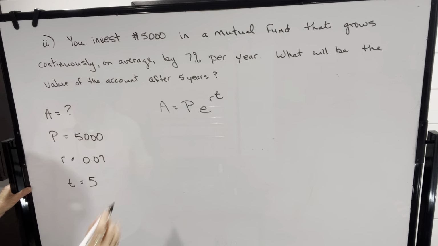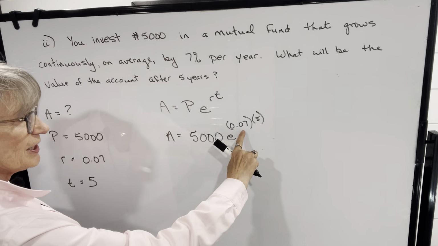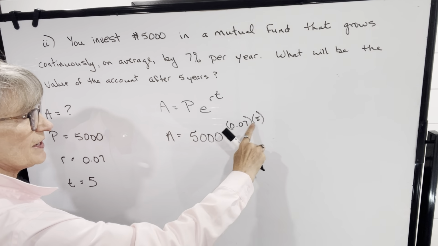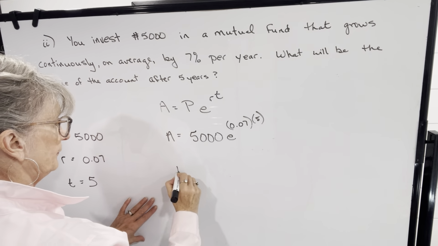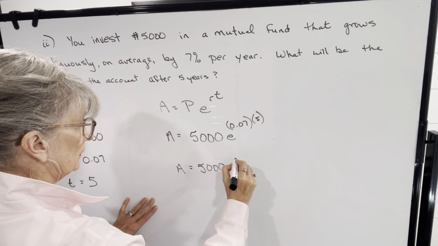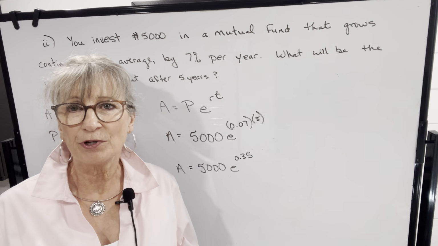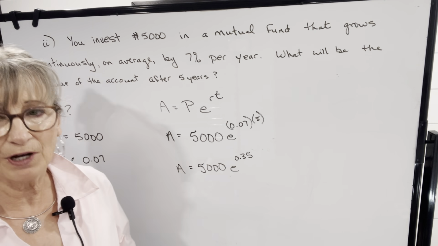So we're going to plug these things into our formula. And in order to find A, our first step is to simplify this. So 0.07 times 5 is 0.35. To calculate this, let's start with e to the 0.35.